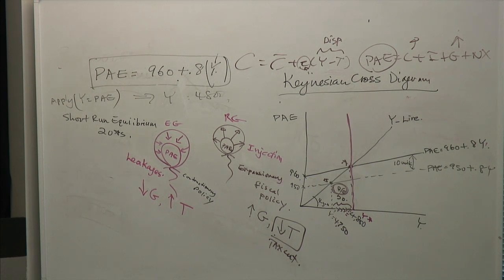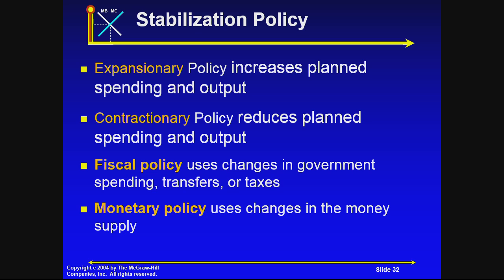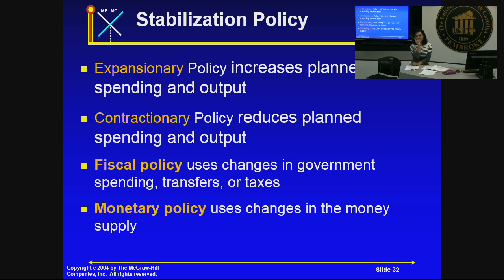Okay, so let's talk about what is fiscal policy and monetary policy. In this chapter, we cover fiscal policy. Fiscal policy only covers two variables, which is the one we have been talking about in the last 5 minutes: government expenditure and tax. What about monetary policy? That's next chapter. Okay, Keynesian policy has two models. One is fiscal policy, where you use government expenditure and tax, which is your budget, really.